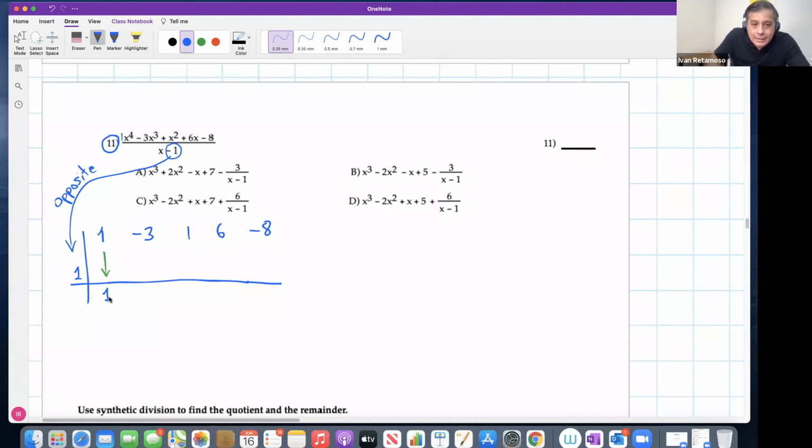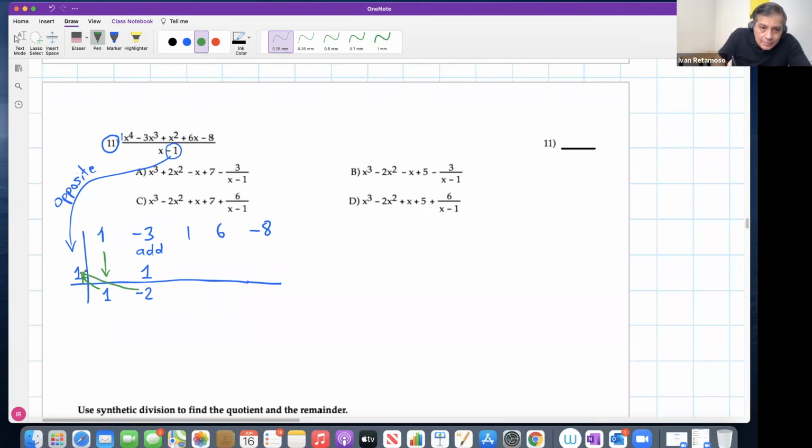1 comes down as it is. Then 1 times 1, maybe I still should write the arrow for you to remember, right? 1 times 1 is 1, right? When you write here 1, then you add these 2, right? Add. -3 plus 1 is -2, right? -2. Then -2 times 1 again, right?